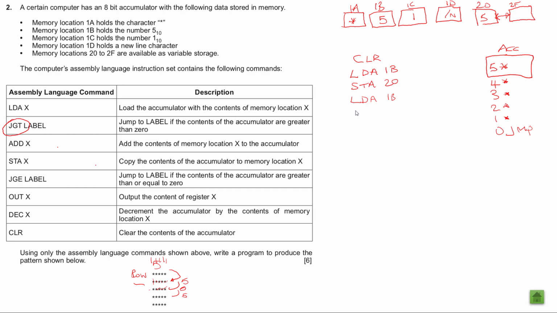And the next thing to do is store that in 21. So there's going to be a box now called 21. It's also going to hold the value in there. And then we're going to output 1A. So produce the star.